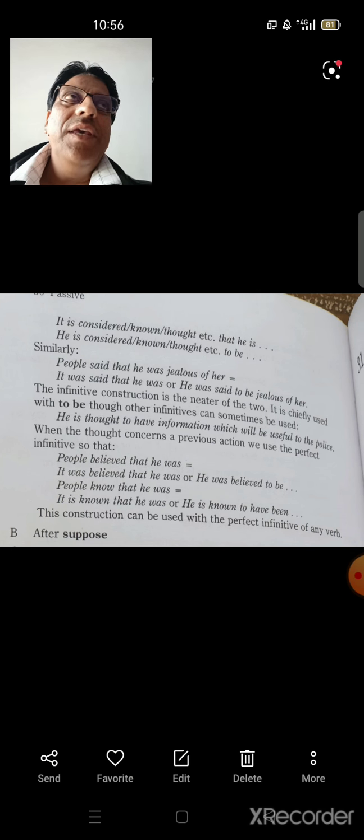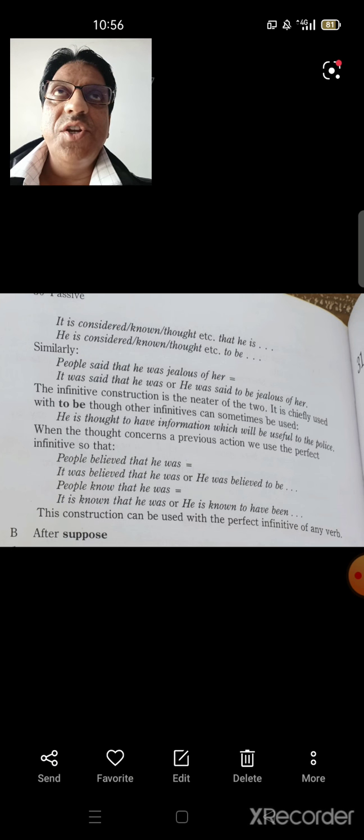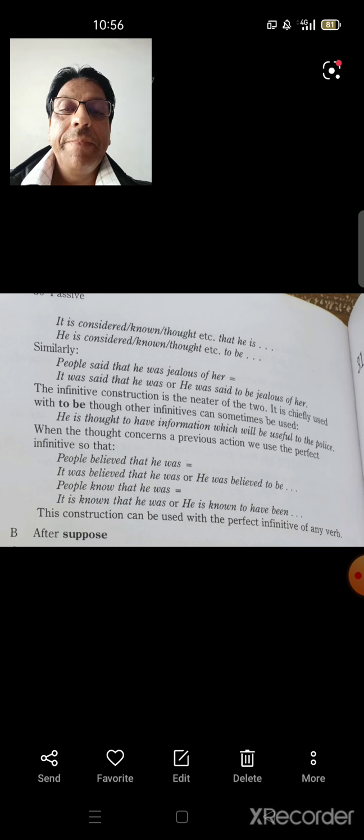Now, if we have a clause instead of a noun, a word, or two words as an object, for example, people believe that he was speaking the truth. Now, for this, we can use an it combination. It is believed that he was speaking the truth, or he was believed to be speaking the truth.